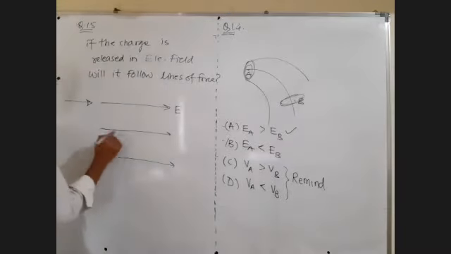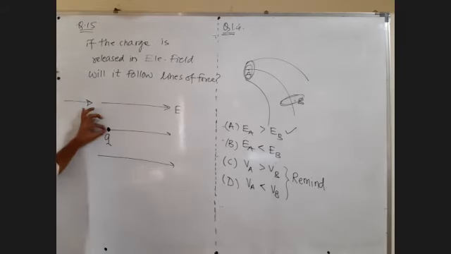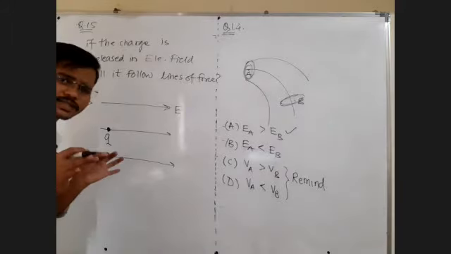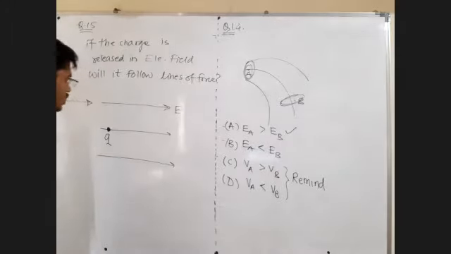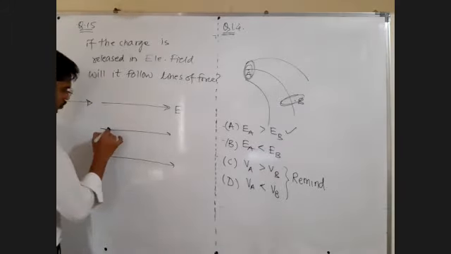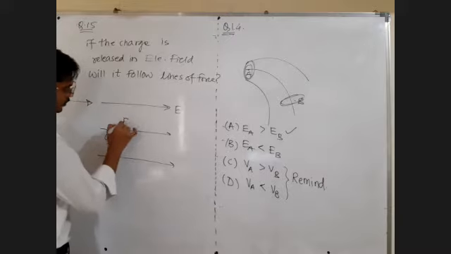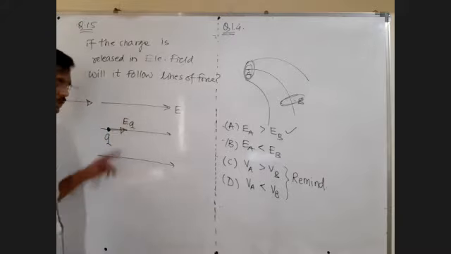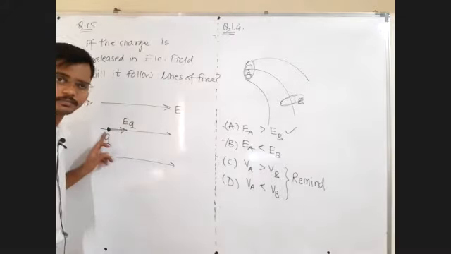Okay. So, sir, if the point charge, let's say Q, is placed here, and now we are going to release it. If I release that charge, there will be a constant force acting on this charge, which will be equal to EQ. Initially, this charge was at rest.